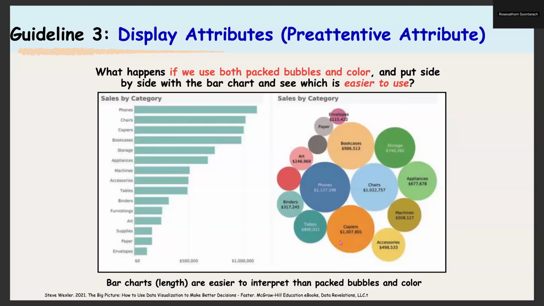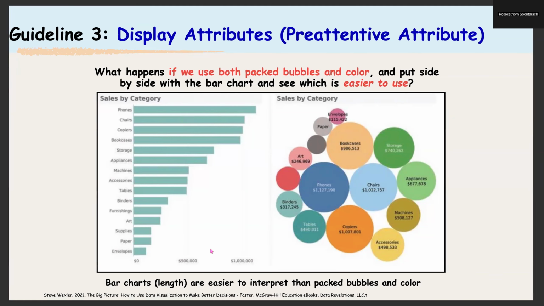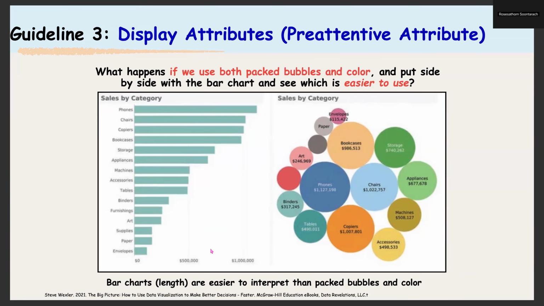So what happened if we use the bubble and color and put it side by side with the bar chart and see which is easier to use? So the question is, is the bar chart still easier when you need to interpret the results?